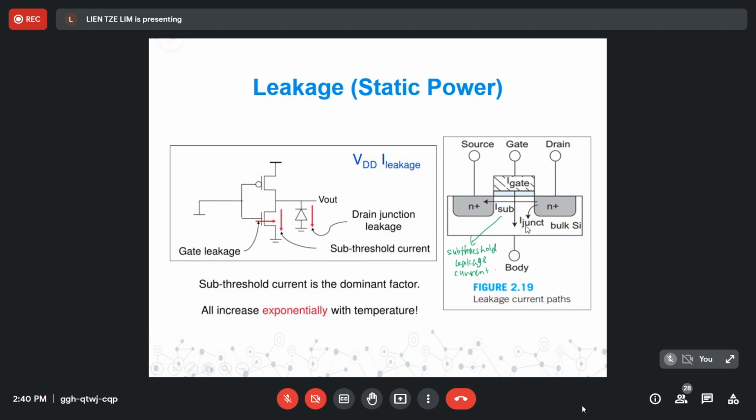And then I junction is the junction leakage current. The leakage happens from the drain terminal to the substrate. Subthreshold current is the dominant factor among all the other leakage currents. All increase exponentially with temperature.